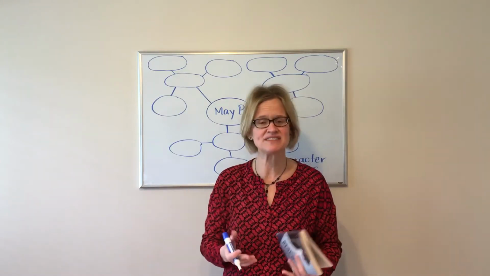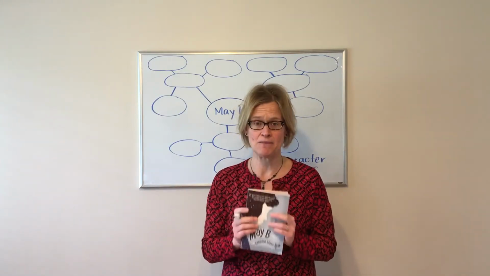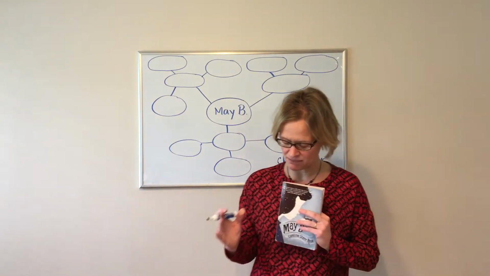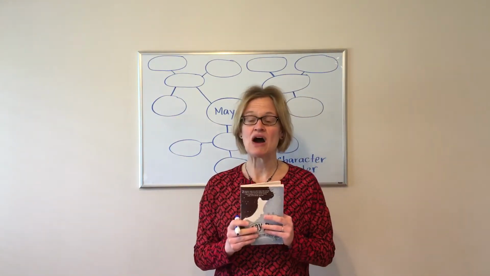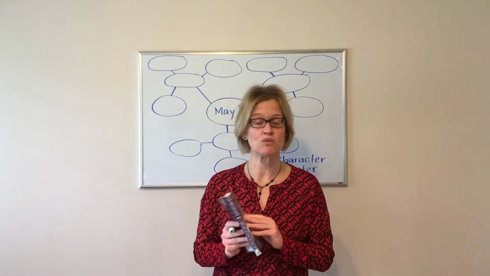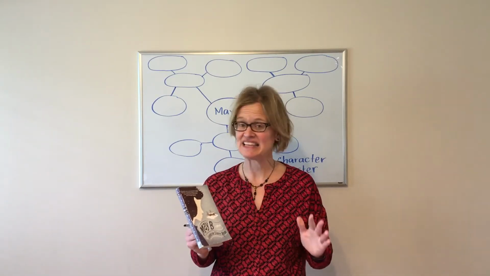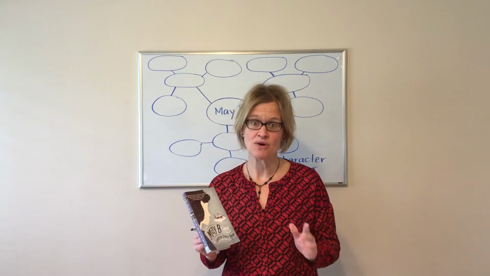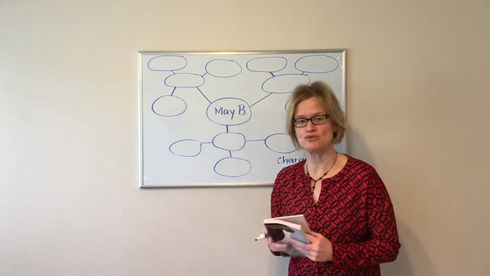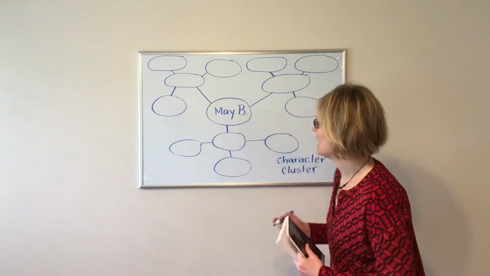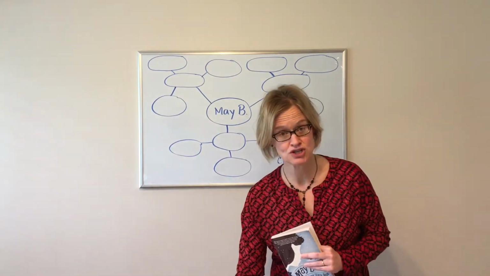Where is there evidence in the book that shows this about May B? Okay, so we're going to take a look. I put together some ideas. Now I'm using the entire book up to 165, so anything that I can find. So these are the words I used to describe her, and you can fill this out on your chart as well.